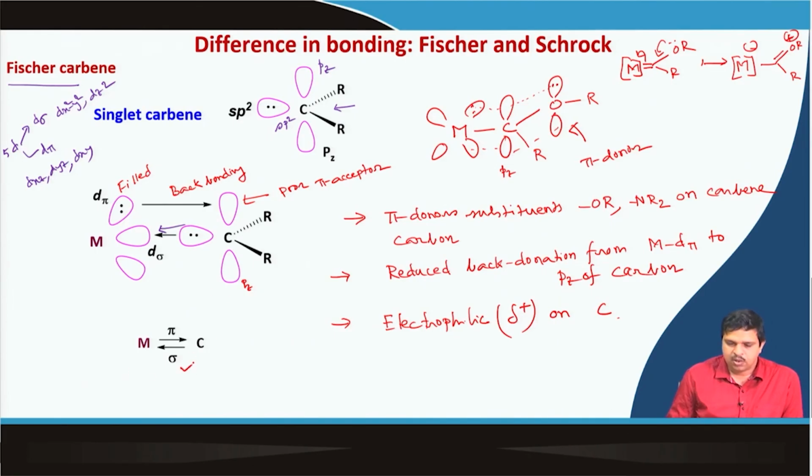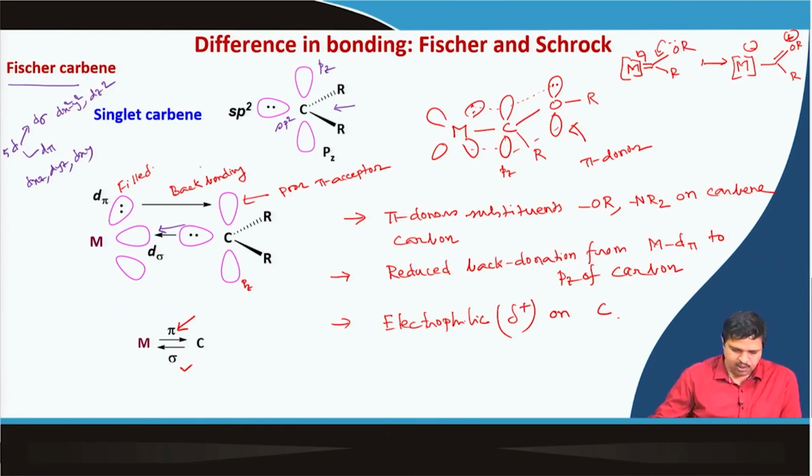That is the donation of electrons housed in the sp2 orbital of the carbon to the empty d sigma orbitals of the metal, and the back bonding is quite poor, and as a result you get delta plus on the carbon center.